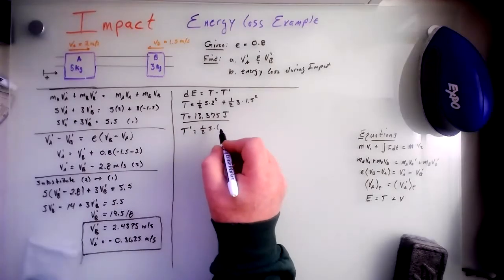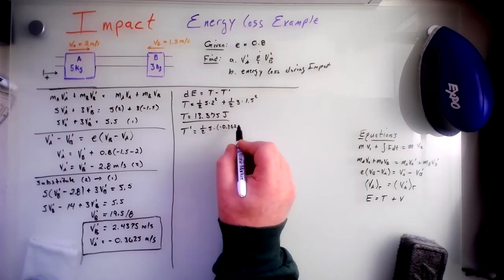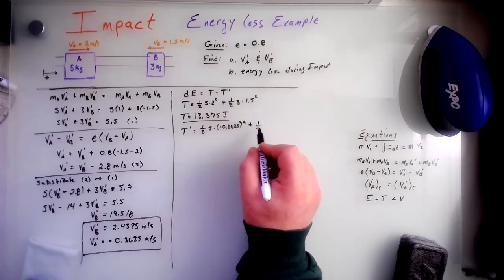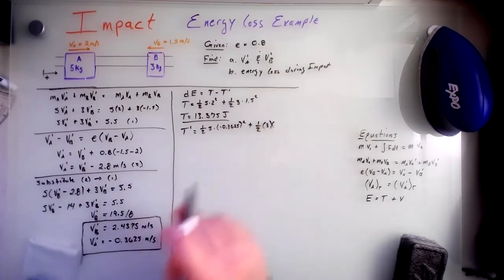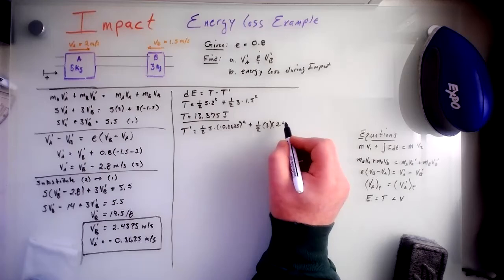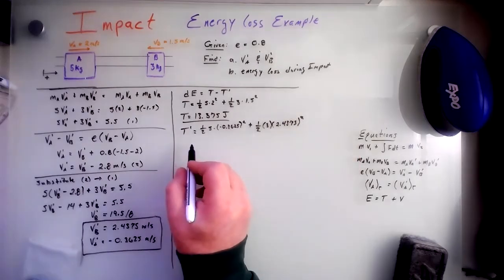1/2 times 5 times minus 0.3625 squared plus 1/2 times 3 times 2.4375 squared.